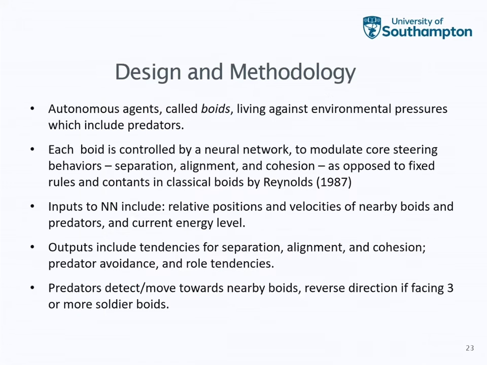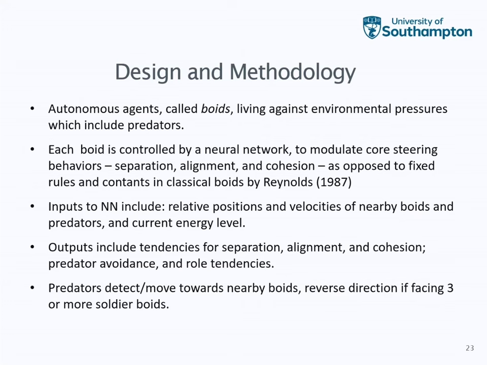Each boy is controlled by its own neural network, which modulates the core steering behaviors of boys, like we know: separation, alignment, and cohesion. So it's different from the classic boid simulation of Reynolds, where he used prefixed parameters for these behaviors.